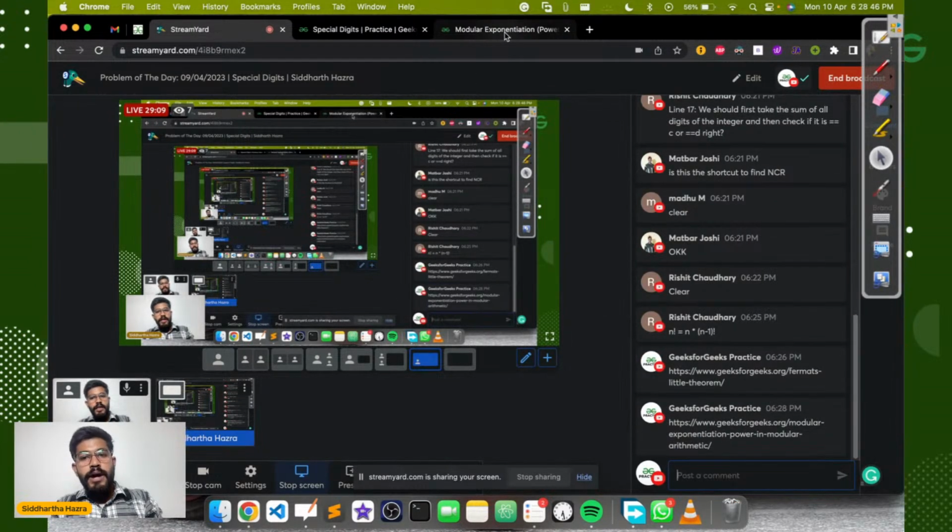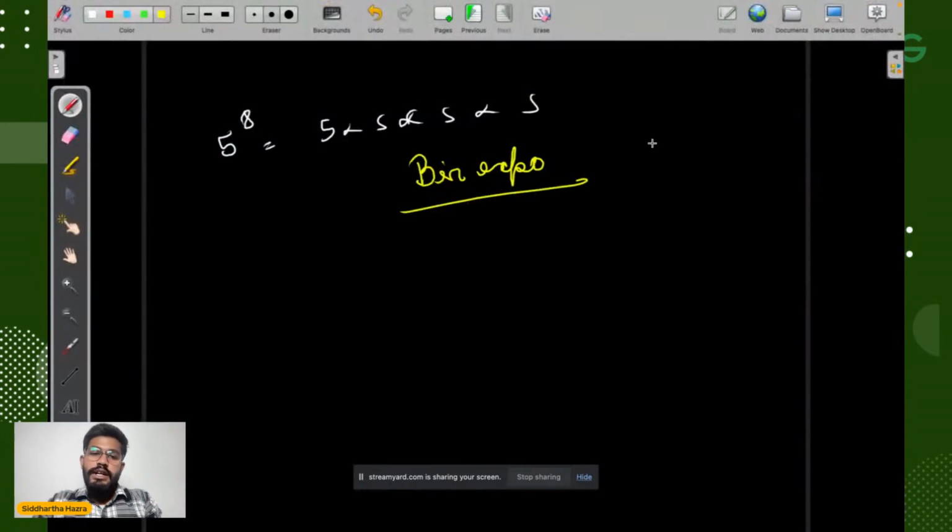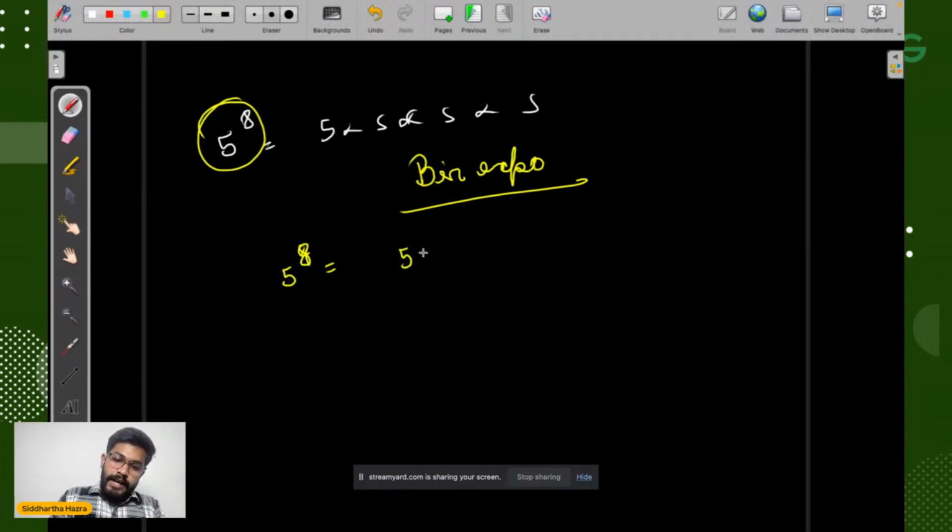Binary exponentiation tells us that if 5 is to be multiplied 8 times, 5 to the power 8 can also be represented as 5 squared, that is 25, to the power 4. This is one operation. The next operation would be 25 multiplied by 25, that is 625, to the power 2.